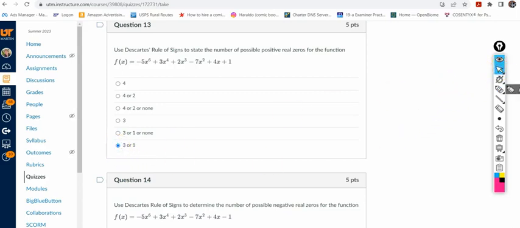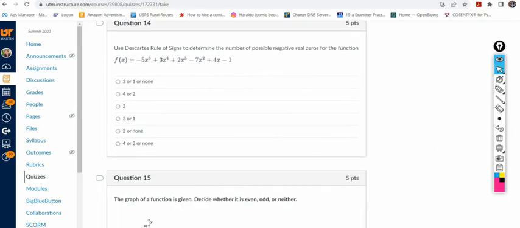Okay. Now, for Descartes' rule, what are the number of possible negative real zeros? Well, the first thing we're going to have to do is get the formula for f of negative x. Now, you don't just change the sign out the front of all of these. It's not what you do. If the power is even, which it is here, this stays the same.